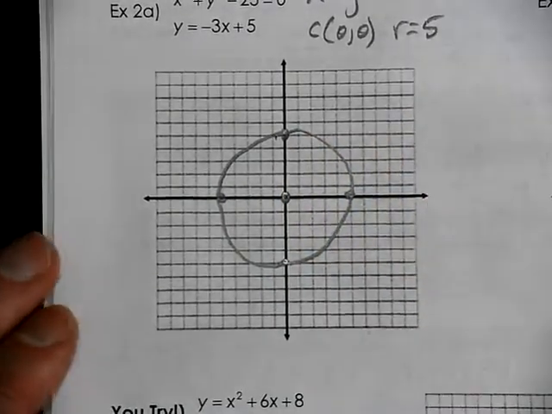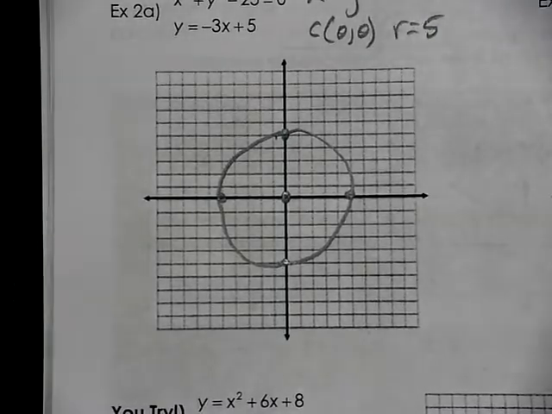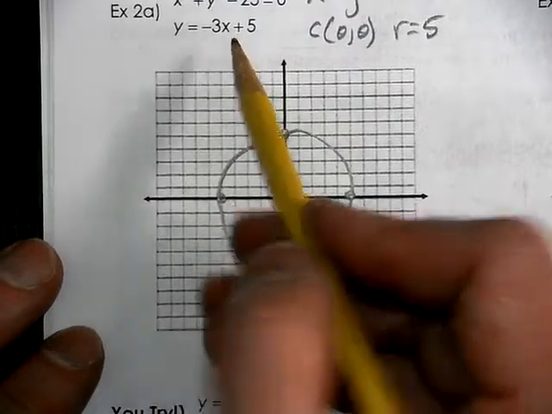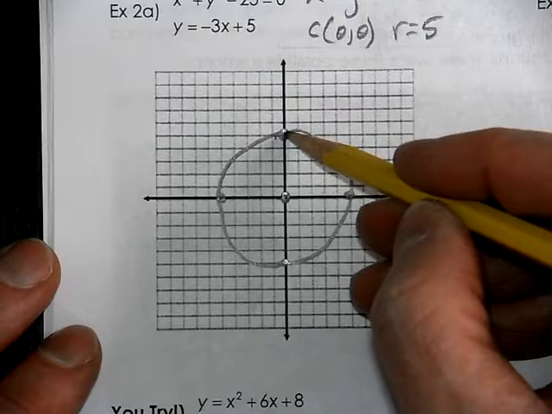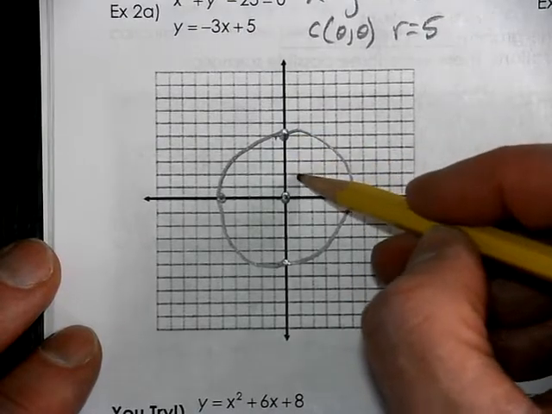Try to get as wide as you can, and you might have some sort of a decent circle. Here we're going up to the 5, and we're going to do a slope of -3.